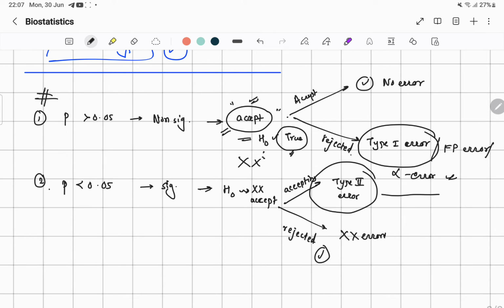So you understood what type 1 error and type 2 error are. This is called beta error. Okay, understood? After this we'll go to some other things.